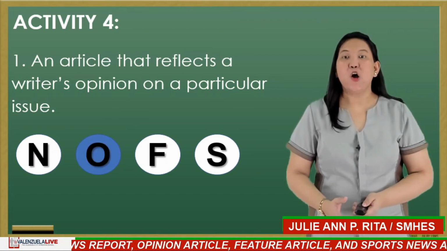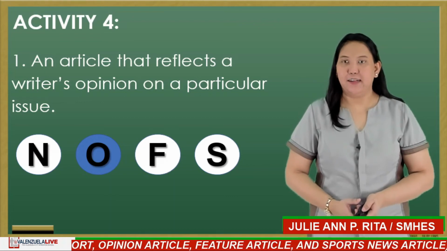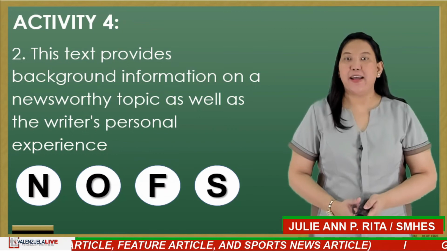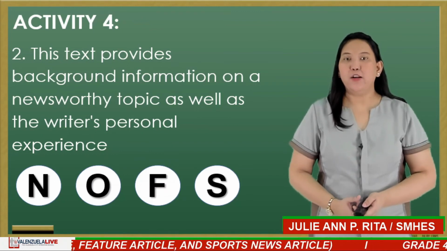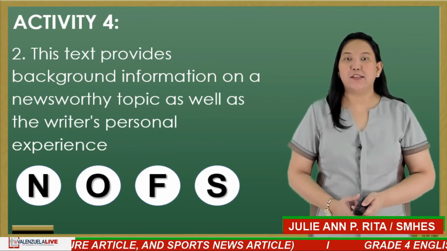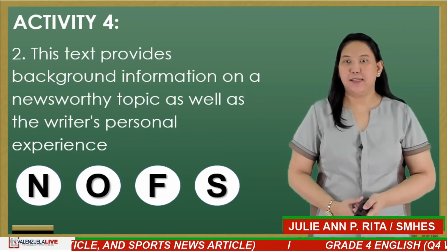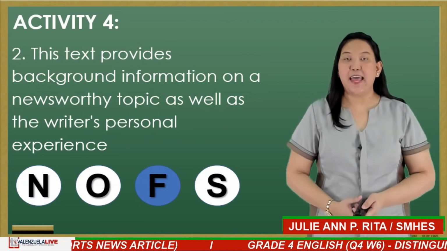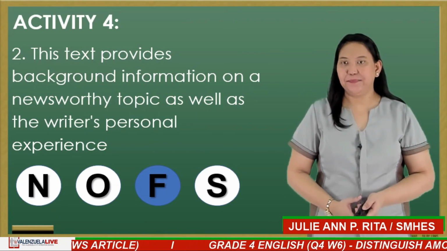You are correct. O, opinion article. How about this number? This text provides background information on a newsworthy topic as well as the writer's personal experience. The answer is F, feature article.